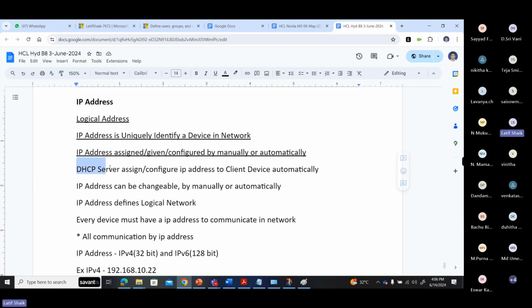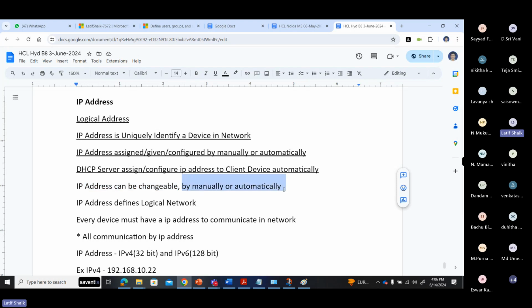The DHCP server assigns or configures the IP address to client devices automatically. Again, IP addresses can be changed manually or automatically.